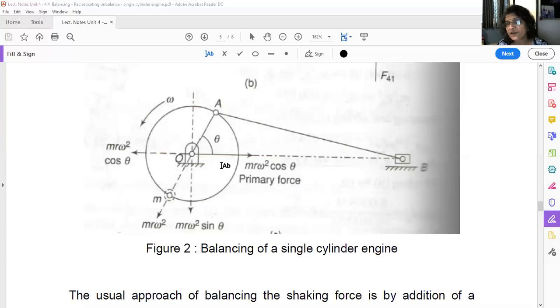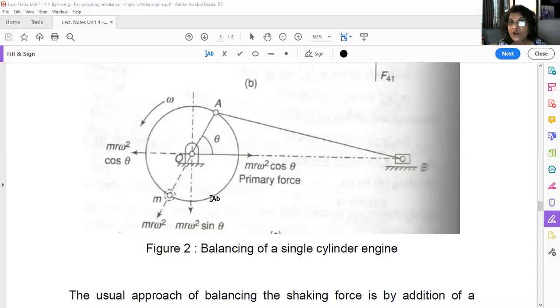We have balanced the horizontal component, but instead some force has been created in the vertical, that is perpendicular direction, Mr omega square sin theta. Earlier, when the unbalanced force was there, your engine used to vibrate in the horizontal direction like this.